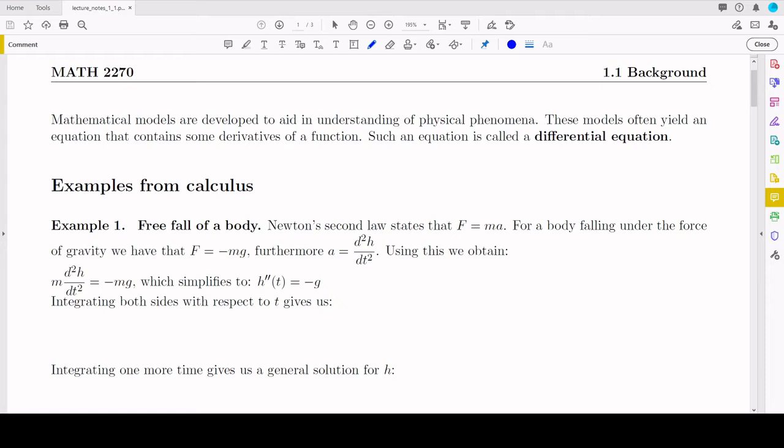Now, if we integrate this equation on both sides, we get the following. So we start out with h double prime of t equals negative g, and now we're going to integrate both sides with respect to t.